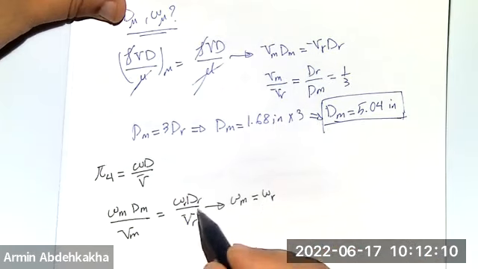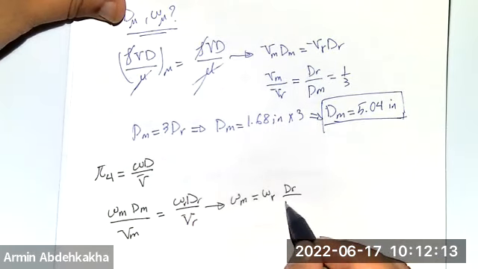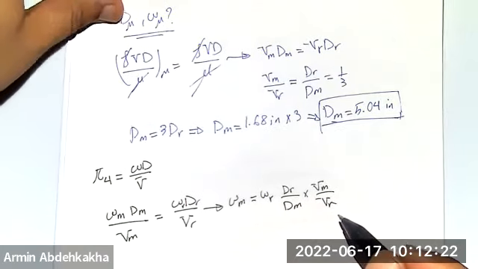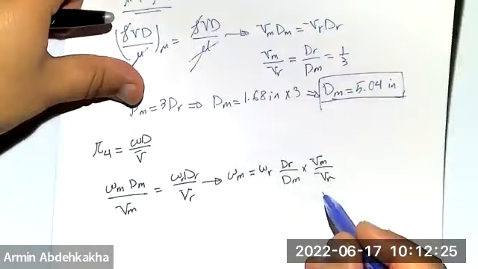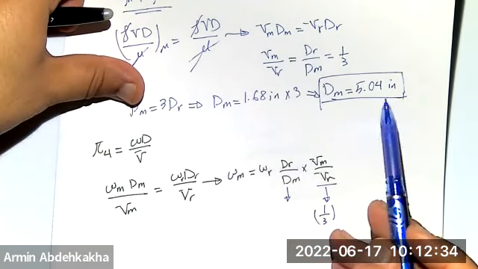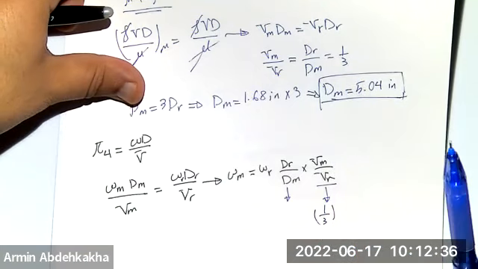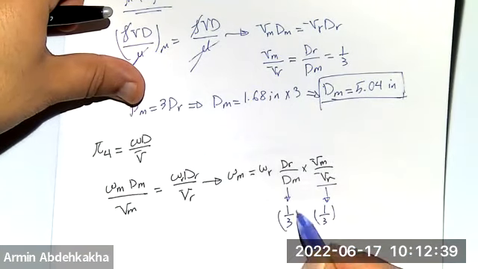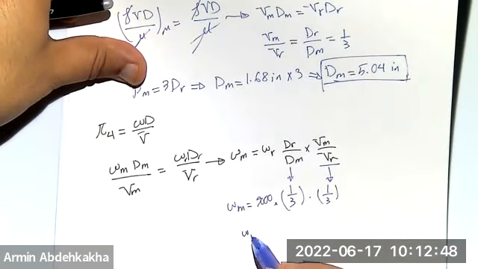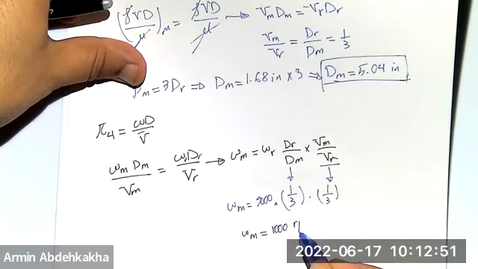So omega r, bring Dm here, Dr over Dm, and Vm on top times Vm over Vr. Okay, so Vm over Vr, you know, it's 1/3. Dr over Dm is also 1/3. And what is omega r? It's 9,000. So omega m is 1,000 RPM.